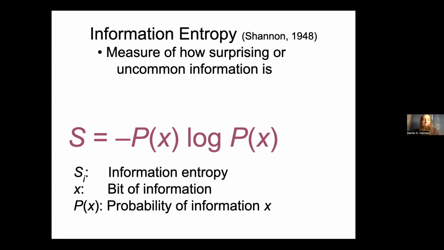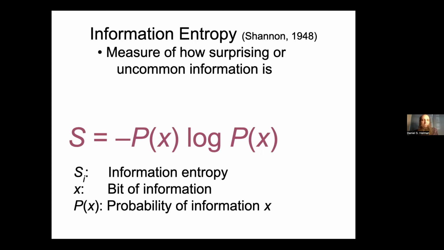The information entropy is more just a model. It stands for the probability that that information will occur. And so information entropy is really a measure of how surprising or uncommon certain information is. It basically has the same structure as the statistical mechanics entropy that Boltzmann discovered.